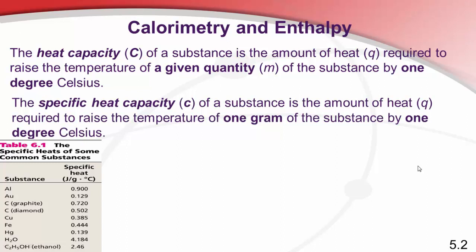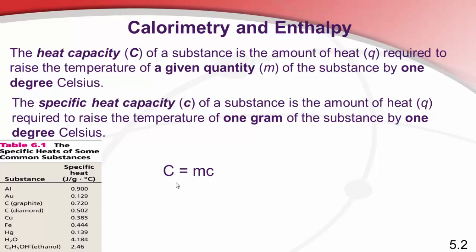The specific heat capacity, small c, of a substance is the amount of heat Q required to raise the temperature of 1 gram of the substance by 1 degree Celsius. So this is the value that you would look up in order to do given calculations.